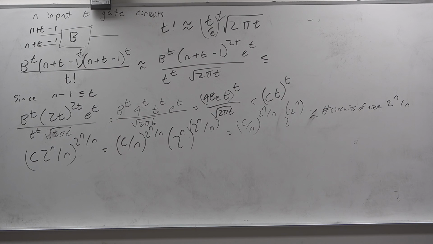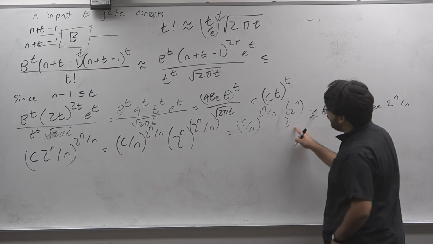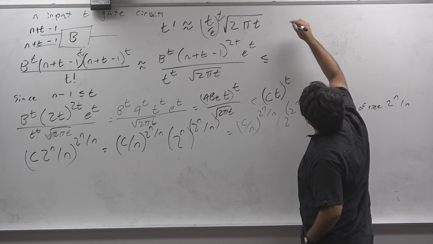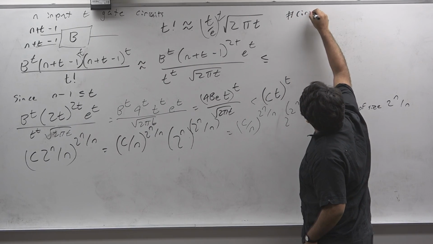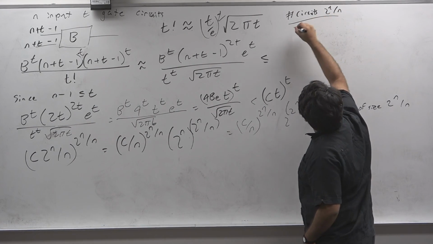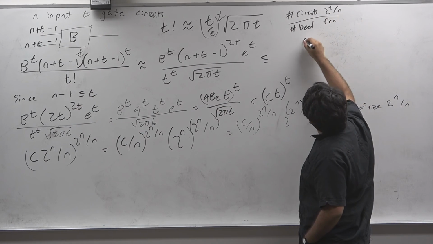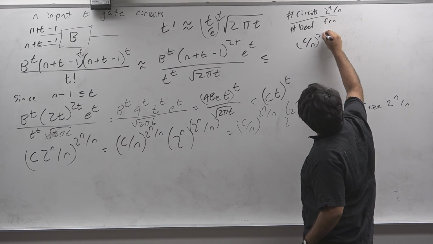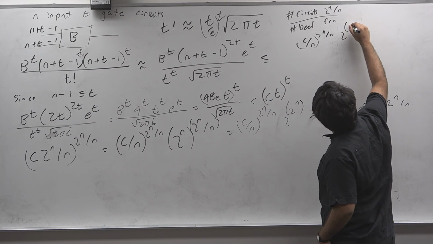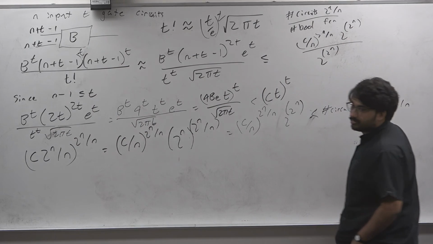How many Boolean functions are there? We did it earlier, right? So the ratio of circuits of size 2 to the n over n over the number of Boolean functions is c over n, 2 to the n over n, 2 to the n, and the number of Boolean functions is 2 to the n, okay?